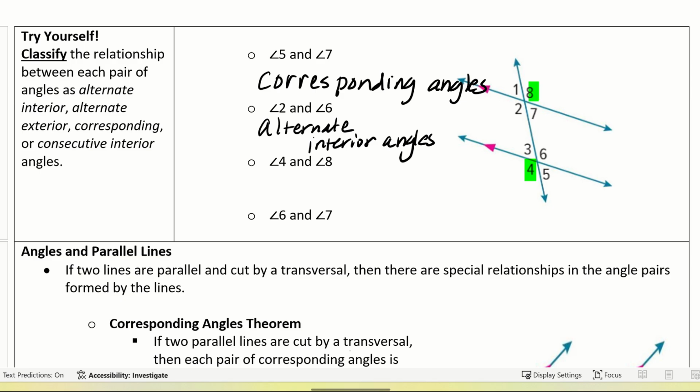Four and 8. Those look like they're on the exterior and they are alternate. So I'm going alternate exterior angles.